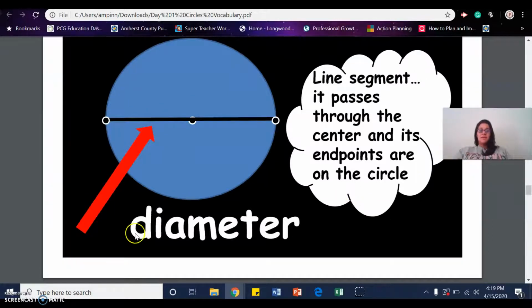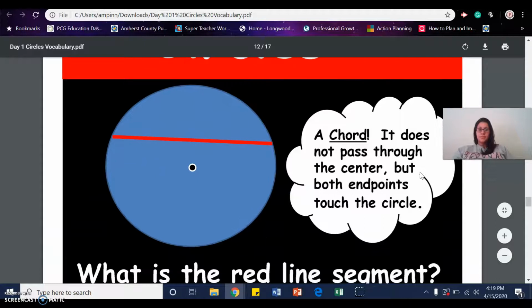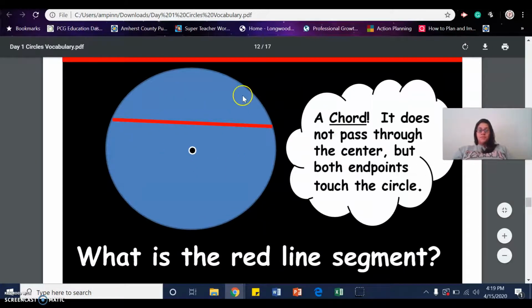Now, this is a little different. This is the diameter. So this is it going across the entire circle, and you see that it crosses the center point. So it has this right here, but also this right there, and it doesn't break. Now, this red line right here is not going through the center point.